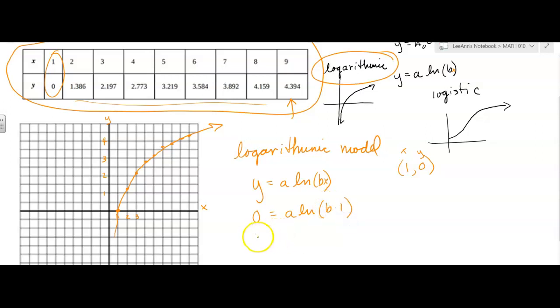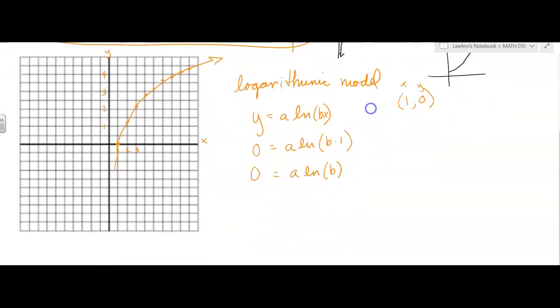Okay, so 0 is equal to a ln b. Now, this is multiplication, so you actually have two choices. a could be 0. Well, that's not very likely, because if a is 0, then the whole thing is just 0, and it's going to be a horizontal line. All your outputs would be 0. So we're going to not do that one.